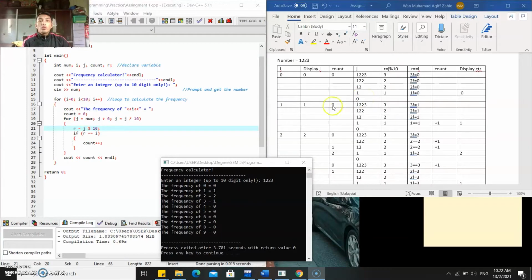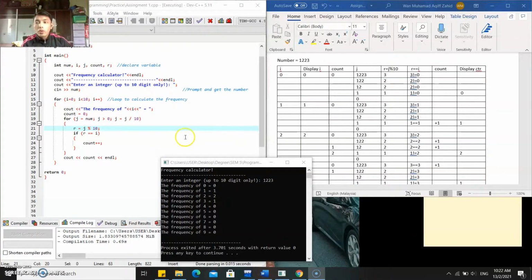So moving on to our next number, which is i equal to 1, where after this loop i will be added. At this time for i equal to 1, we display the frequency of 1 is equal to, and then we initialize again count equal to 0.